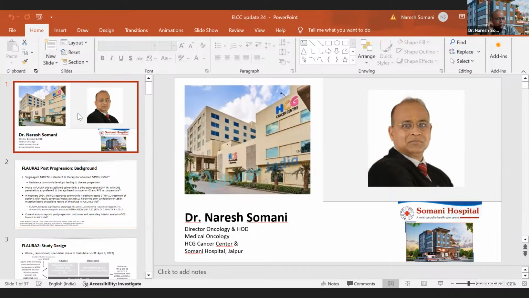So I just tried to capture a few of the important things which probably we are practicing presently, maybe the refinement, maybe the positive and negative trials both, but I thought maybe of some importance for us. So I will only be giving the brief outline, the update and the conclusions. We cannot go through these trials in just 15 or 20 minutes, but just to give you the flavor that these are probably the important points, which if you are interested, you can go through in detail so that you can understand them well.